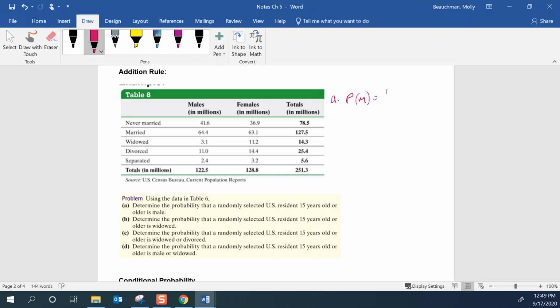That's going to equal the number of males over the total in the table. So the probability of male is equal to the number of males. We've got to add together and look at the total, 122.5, divided by the total, which is 251.3.